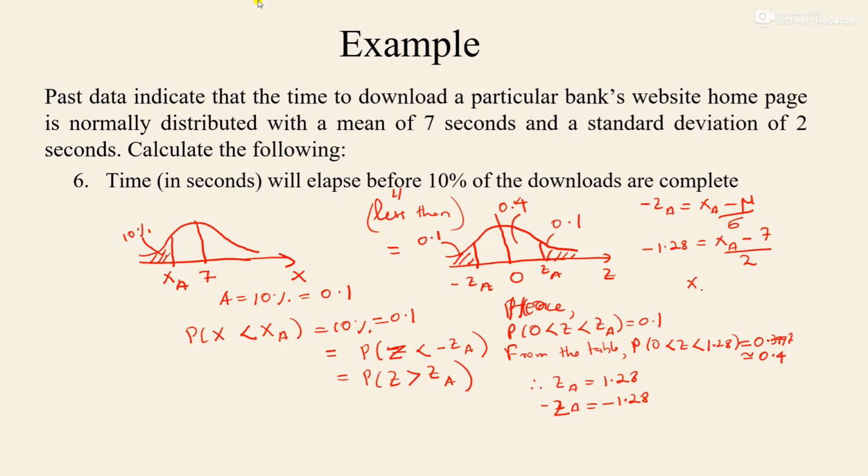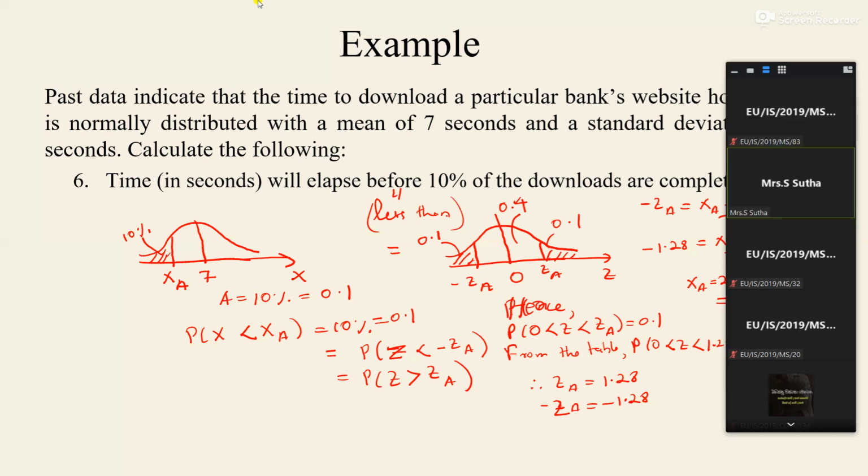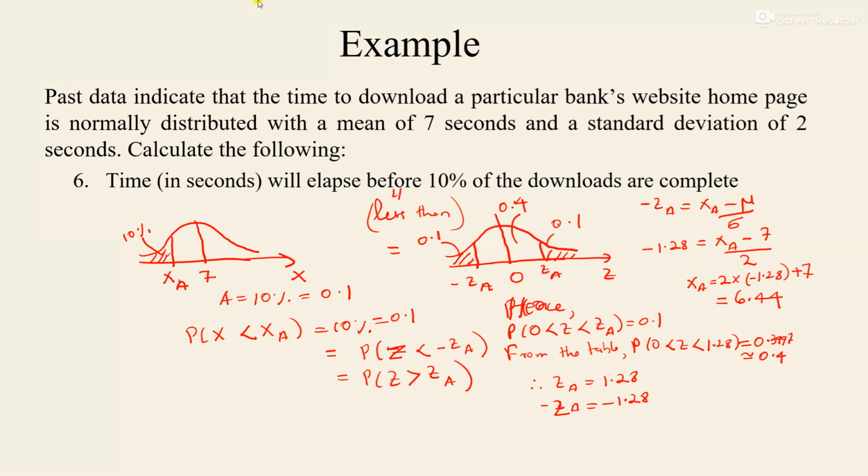From this XA is equal to 2 into minus 1.28 plus 7, that is 4.44. The time that elapses before 10% of the downloading times are complete is 4.44. This is the answer.